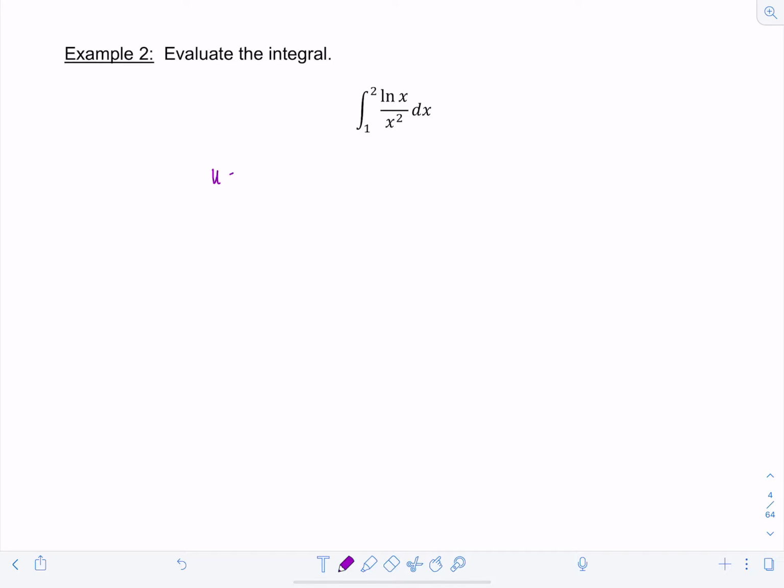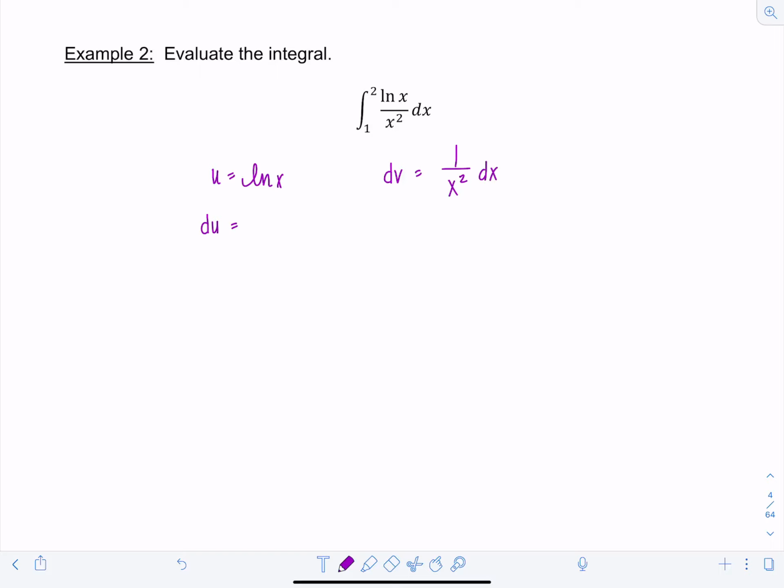Okay, so u is going to be ln of x, and then that means dv is whatever's left over. Everything has to be accounted for from the original integrand, u dv. You can't have part of it be u, part of it dv, and then something's not being expressed or included there, okay? Good, so let's see, what's du going to be?